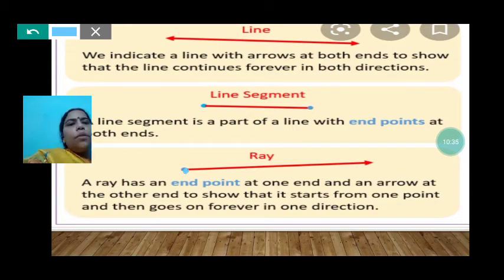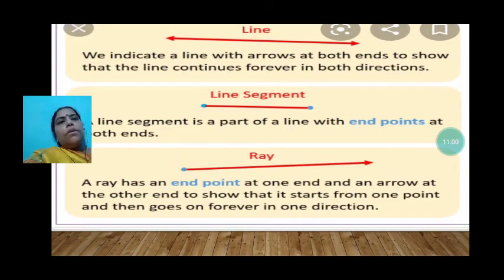You can see the endpoint here, at one end, and an arrow at the other. So here you can see the arrow, and it shows that it starts from one point. That means from here it has started and is going on continuously in one direction like this, without stopping.